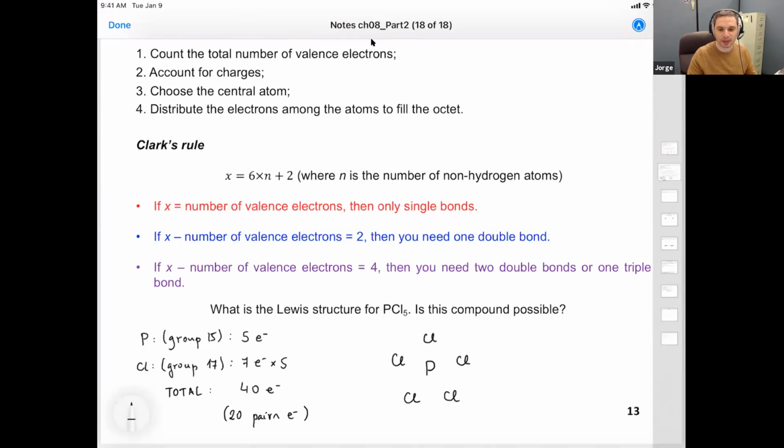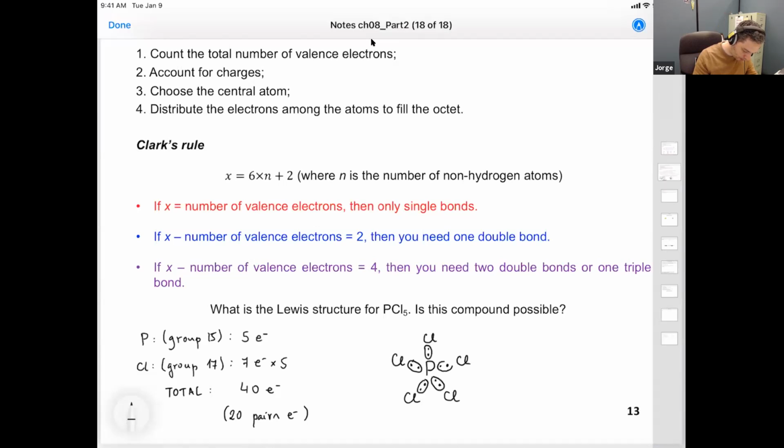5 chlorine atoms, and then let's connect the central atom to each atom using a single bond. Single bond. For each single bond, we spend 1 pair of electrons. So let's mark here that these electrons are being shared between phosphorus and chlorine.